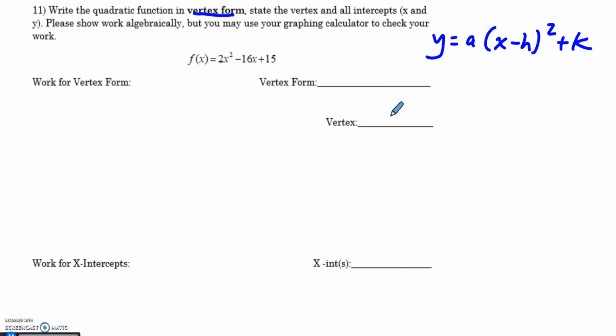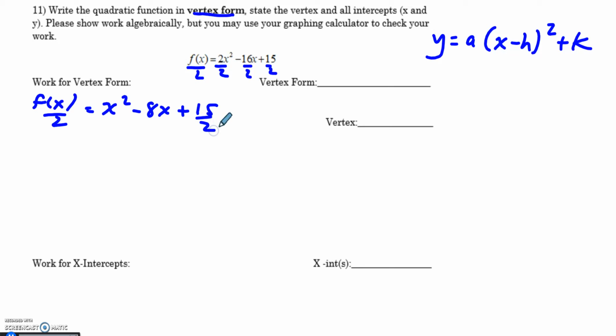In order to do so, the first thing I need to do is start the process of completing the square, because we want to go from no parentheses to creating parentheses. Now, in order to do that, we can't have a lead coefficient other than 1, so we have to divide every single thing by 2, including the y value. So we'd have f of x over 2 equals x squared minus 8x plus 15/2.